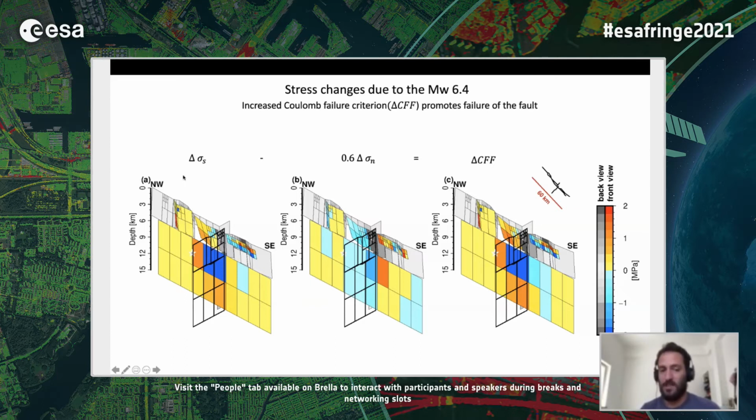And the shear stress increase is mainly or only because of the slip on the same fault. So without slip on the same fault, on asperity 2, we would have a much smaller promotion in the direction of failure at the location of the main fault.